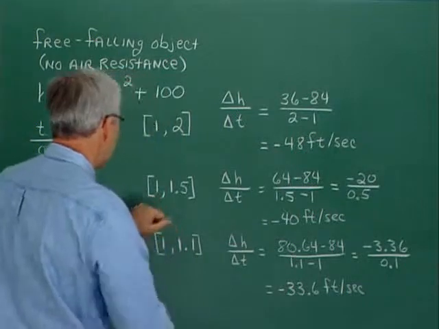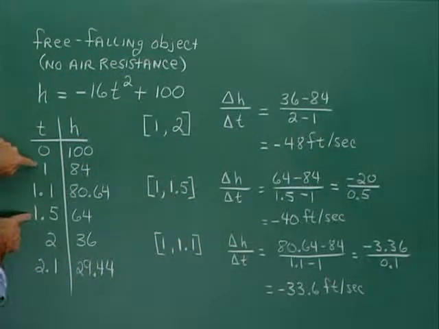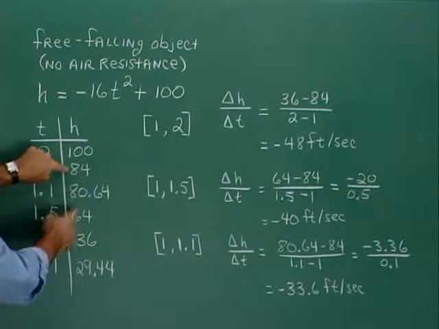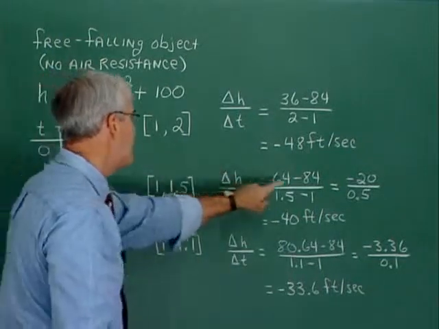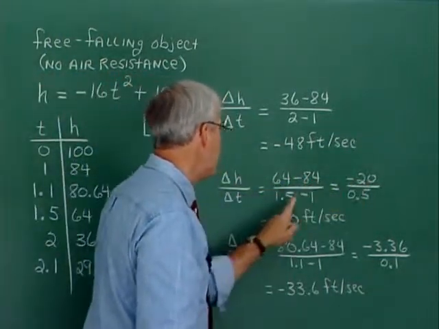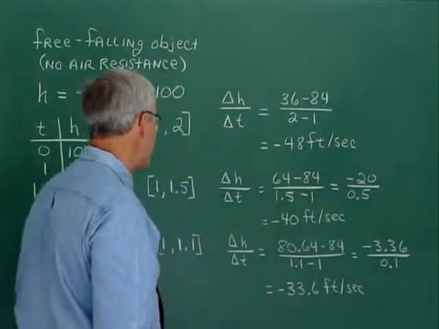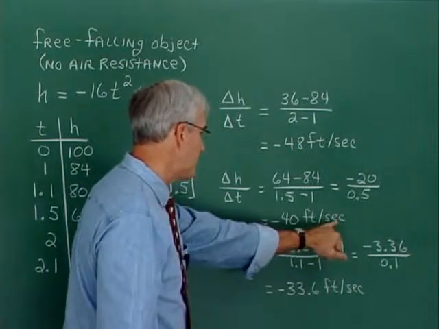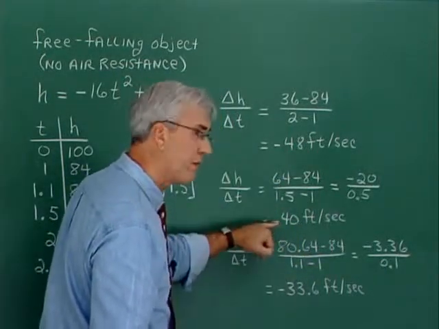Okay, in the interval from 1 to 1.5, same idea. We look over here at the chart, 1 to 1.5, and the height values are 64 and 84. That's a difference of, looks like 20. So change in height, 64 minus 84, is negative 20. And 1.5 minus 1 is 0.5, so we find the average velocity in the interval is negative 40 feet per second. Notice that it's a smaller number than the one up here.